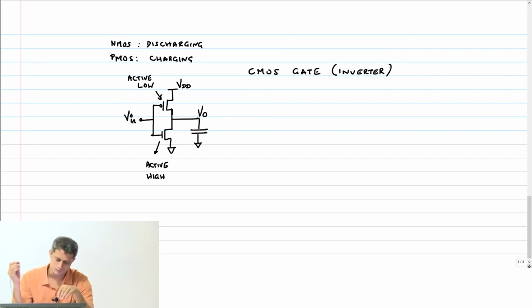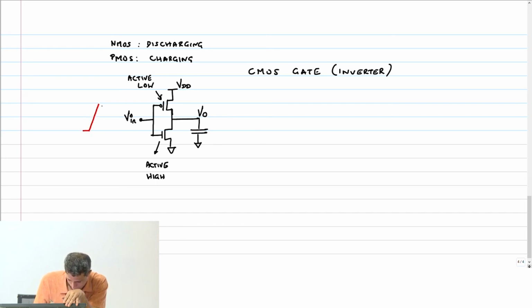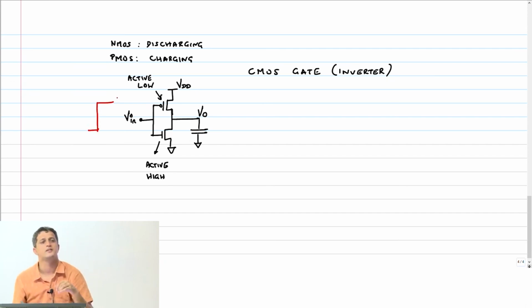Clear? Okay, so now let us look at, I apply a signal which is like this, or let me apply an ideal signal for now. Input is going from 0 to VDD instantaneously. Okay, so let us analyze both these cases.